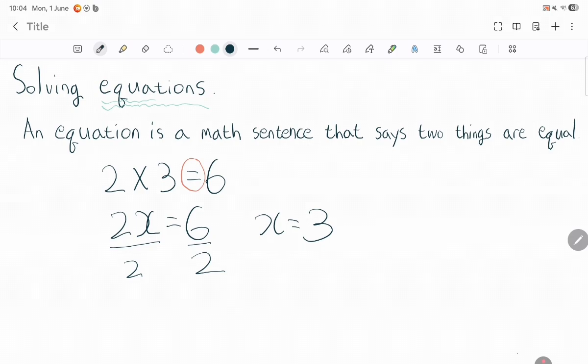There are many phrases that we use when it comes to solving equations. If the problem says, "Solve this equation," that basically means to find the value of x, and sometimes determine the solution or evaluate the unknown.